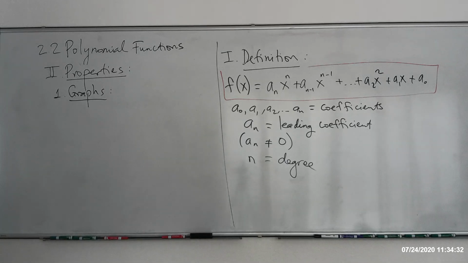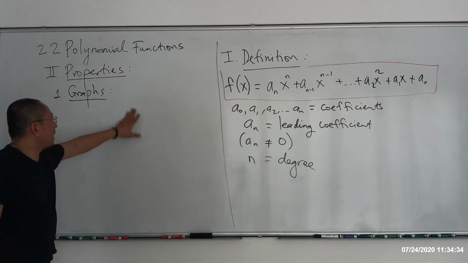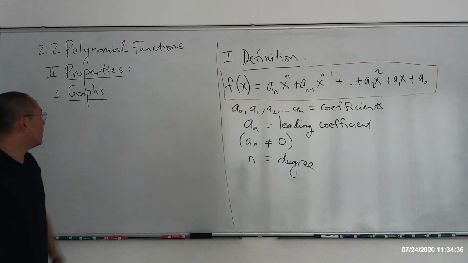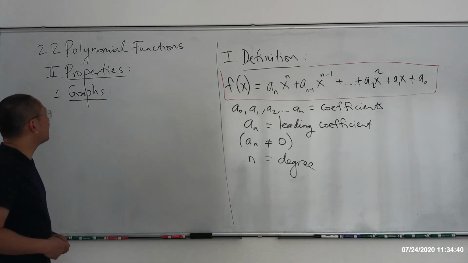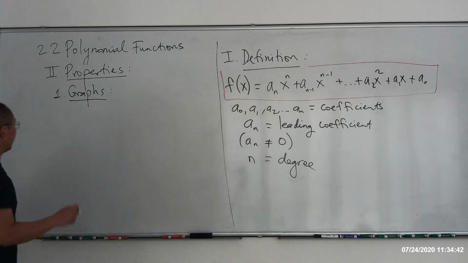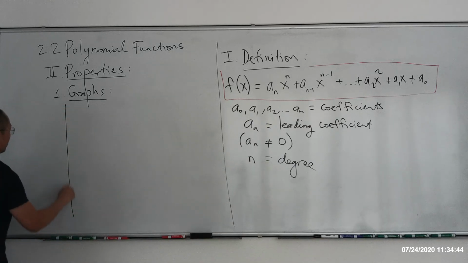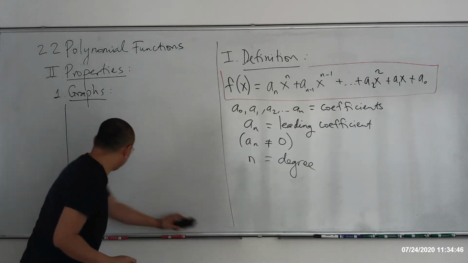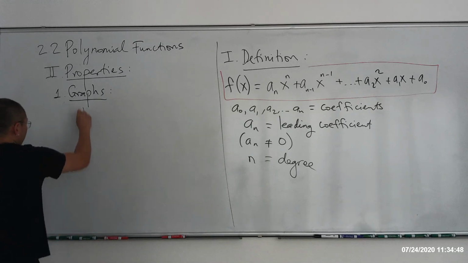And I claim that the graph of a polynomial function mainly depends on 2 things: its degree and leading coefficient. Okay, so let me demonstrate by drawing a table.